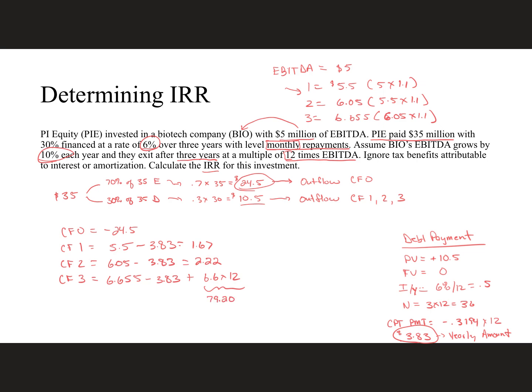We're just going to sell this for 12 times our current EBITDA. So when we sum all of these up, 79.2 plus 6.655 minus 3.83, we get 82.025.